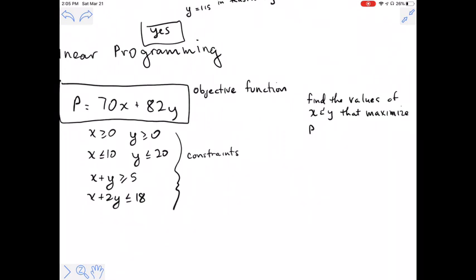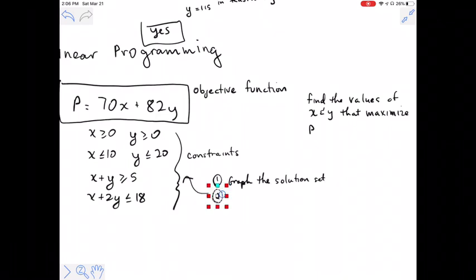The objective function is not graphed. You don't graph the objective function. What we do here is, first, graph the solution set of the system of inequalities.